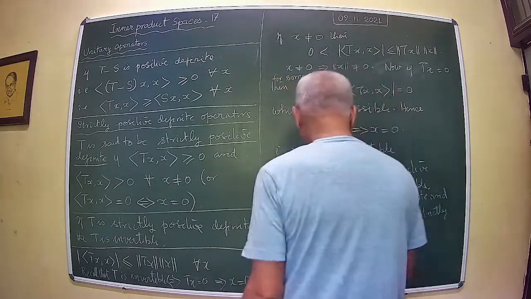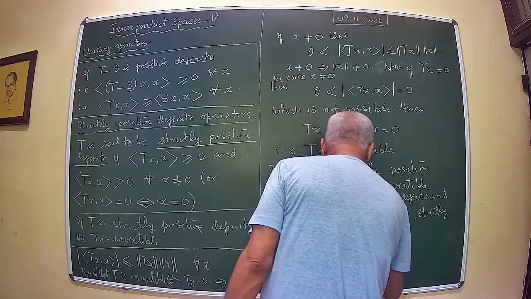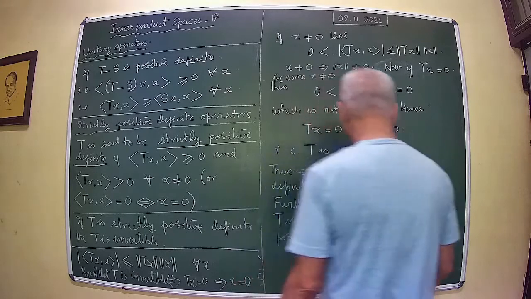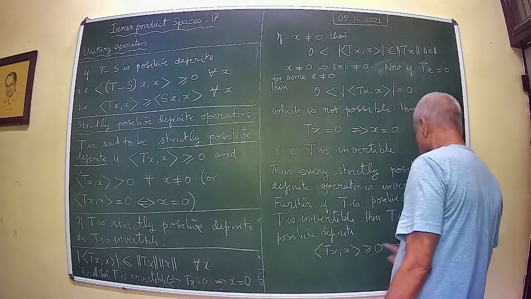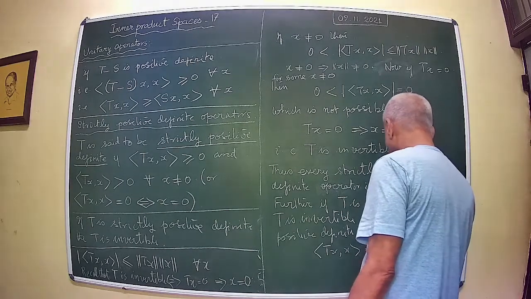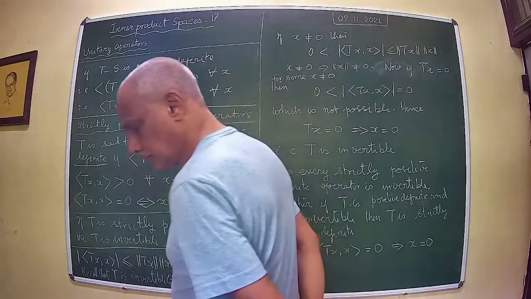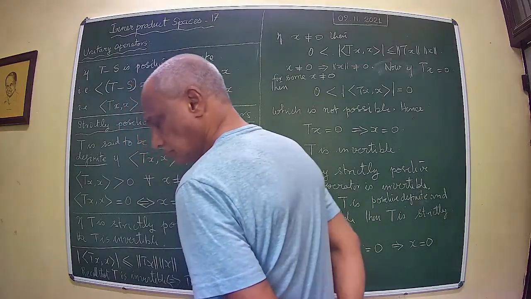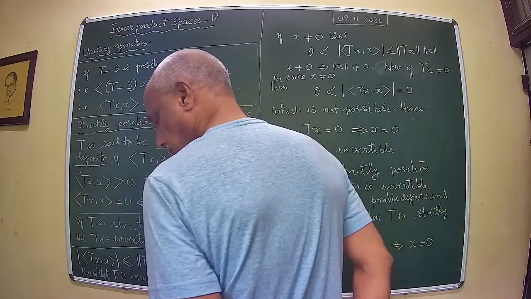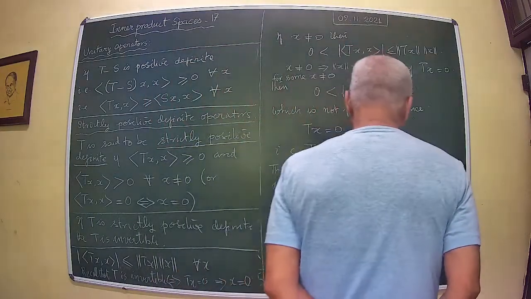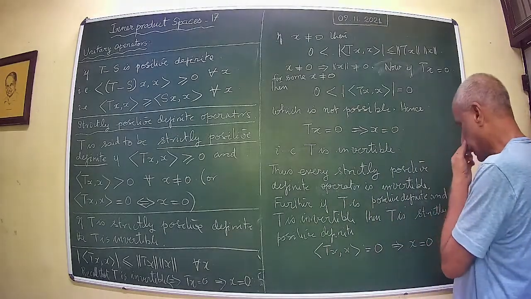So what we want to prove is this: the inner product of Tx, x equal to 0 implies x equal to 0. This is quite straightforward once you assume the invertibility.